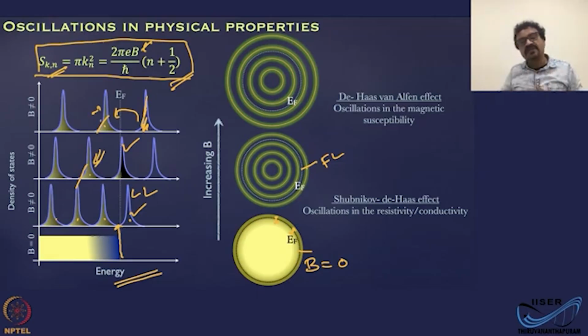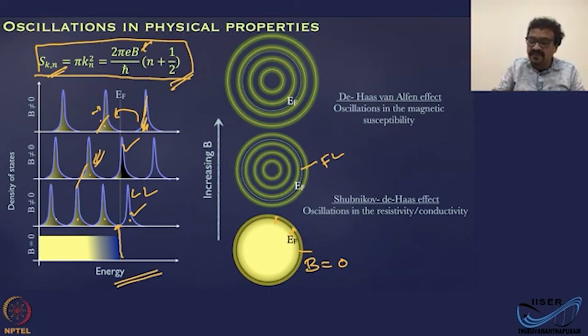So this action of the electron suddenly transitioning from a higher Landau level to a lower Landau level, the moment it passes through the Fermi surface, is going to reflect in all the physical properties of the system. And this is going to give you oscillatory behavior in various physical properties.